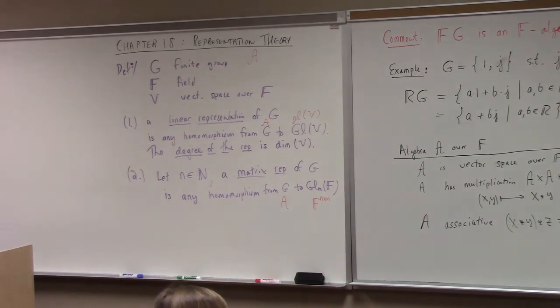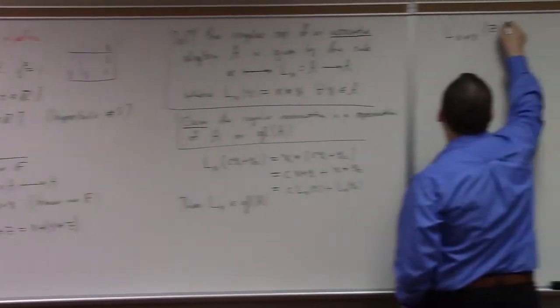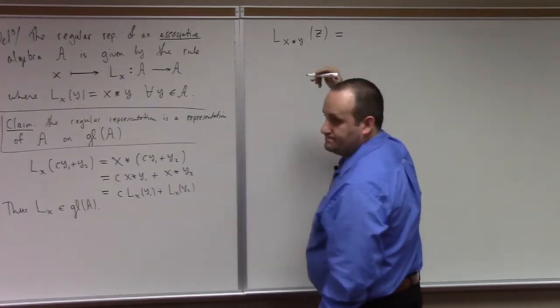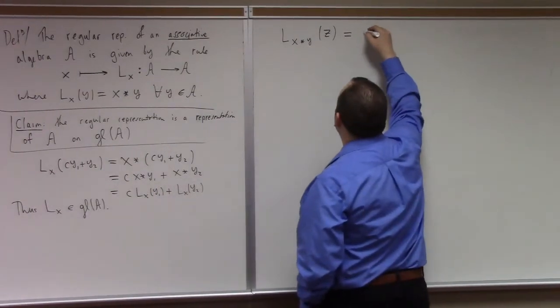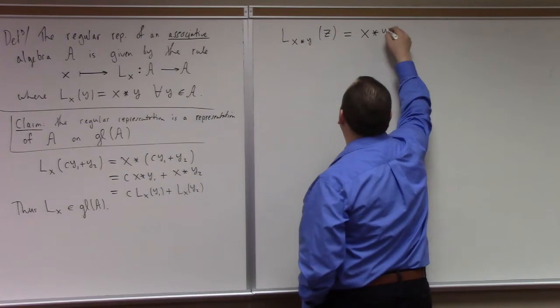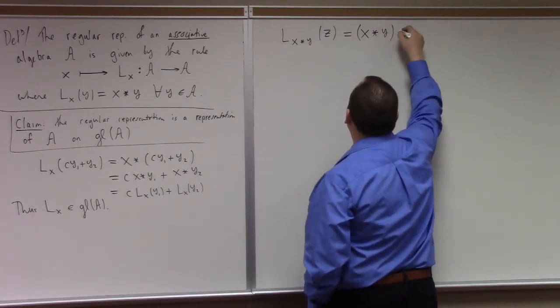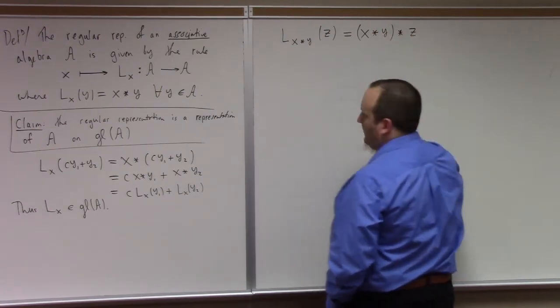So here we go. Let's look at L of x star y acting on z. What's that give us? (x star y) star z, right, according to the definition. Am I wrong?